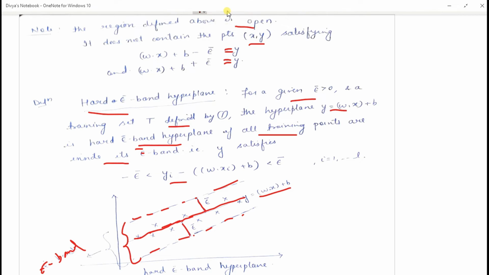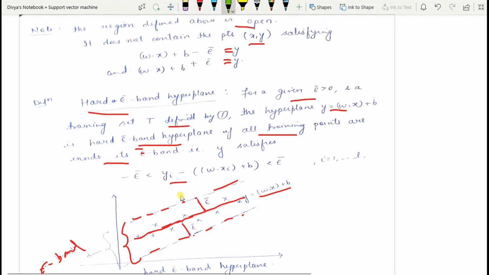In this condition, all the training points are inside the epsilon band, right? These are the training points, and they are all inside this band. So this would be a hard epsilon band hyperplane.